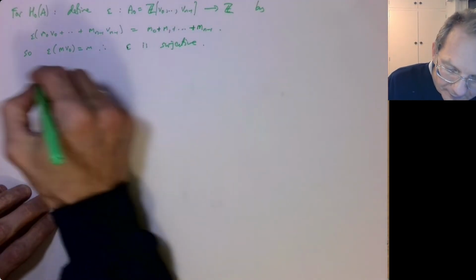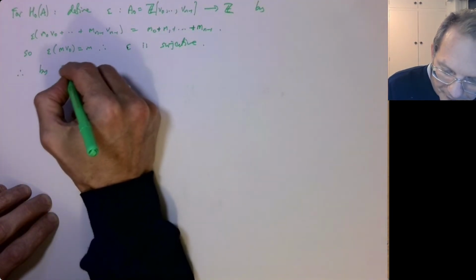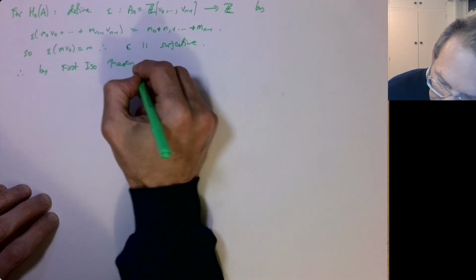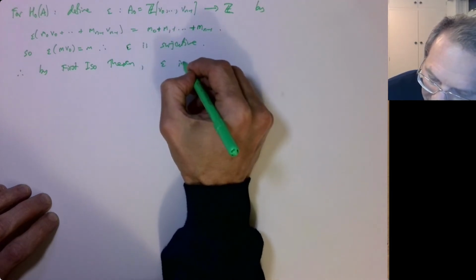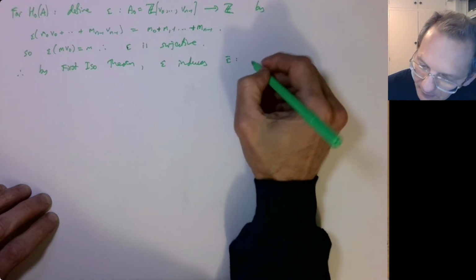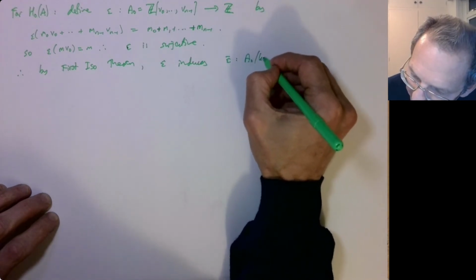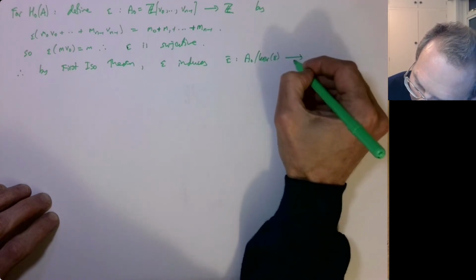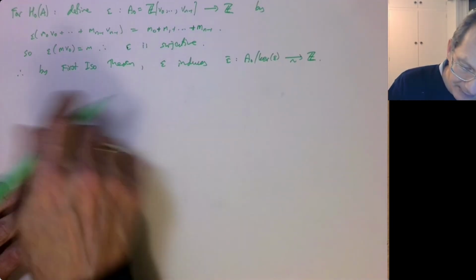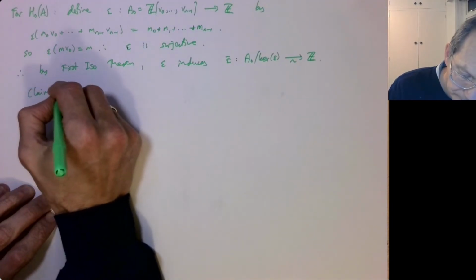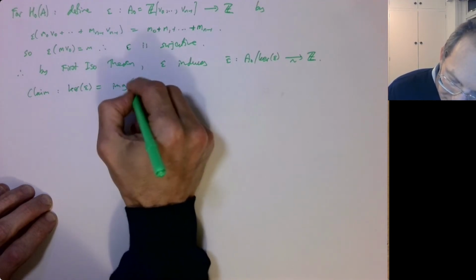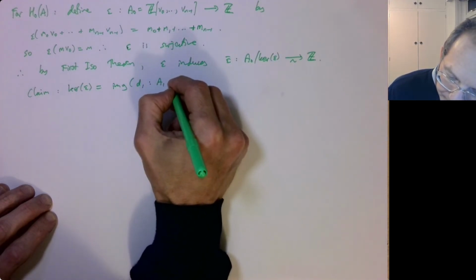And therefore by the first isomorphism theorem, epsilon induces an isomorphism epsilon bar from A0 mod the kernel of epsilon to Z. Now I want to claim that the kernel of epsilon is the same as the image of d1 from A1 to A0.